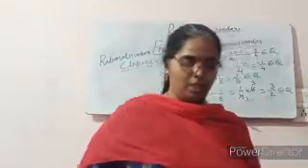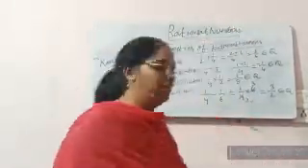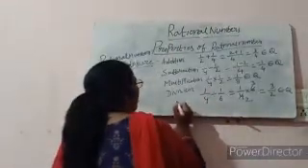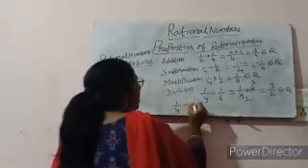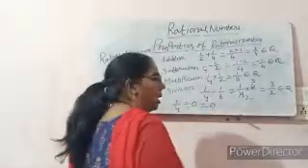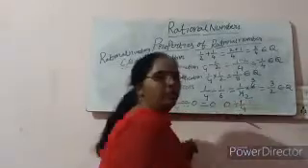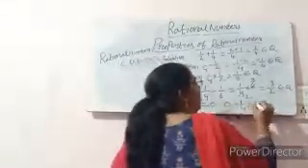For example, if we divide 1 by 4 by 0, the result is undefined.